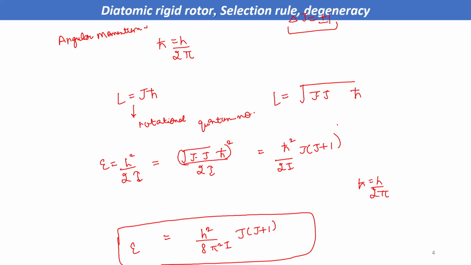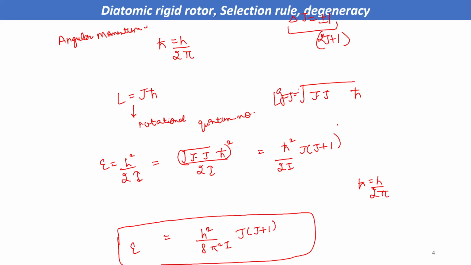And what about the degeneracy? Degeneracy, we know it is 2J plus 1.